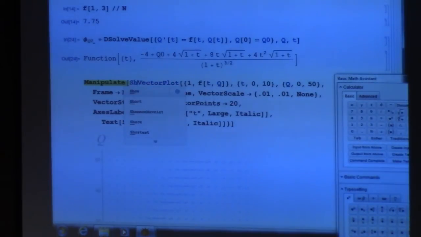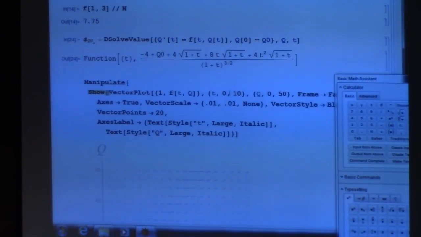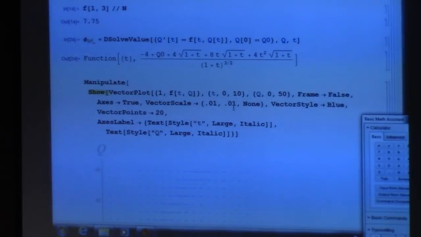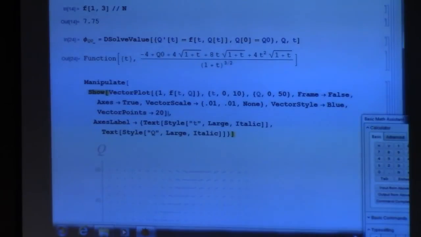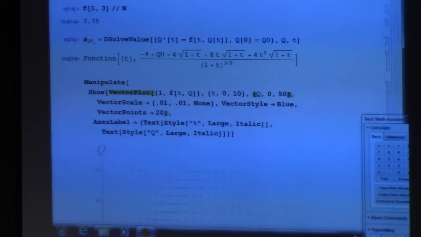I'm going to need to show a couple different kinds of graphics. I'll close off the vector plot one here. I think I'm going to put the frame and the axes outside of the vector plot. Oops, I ruined my copy and paste here.